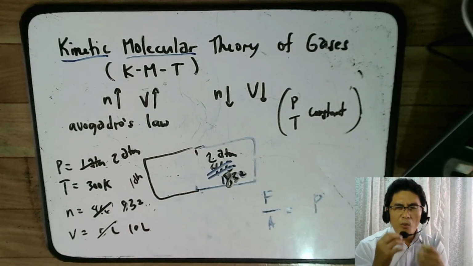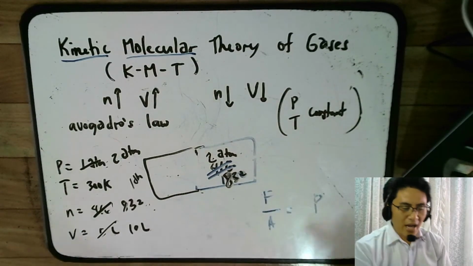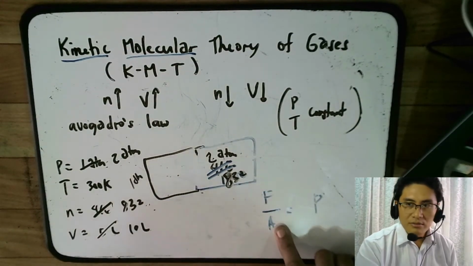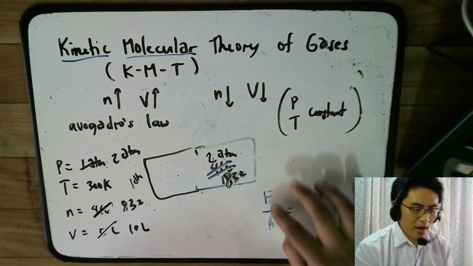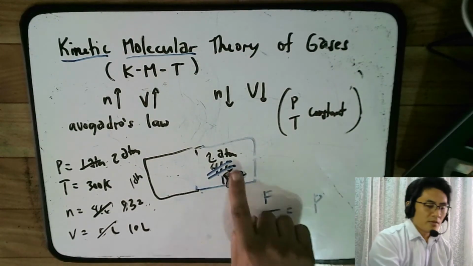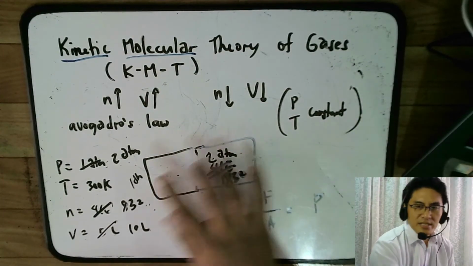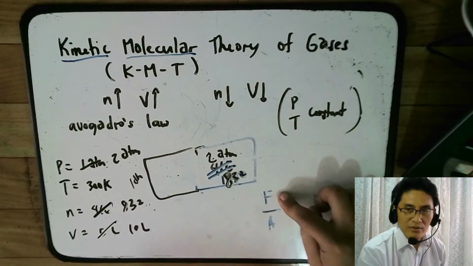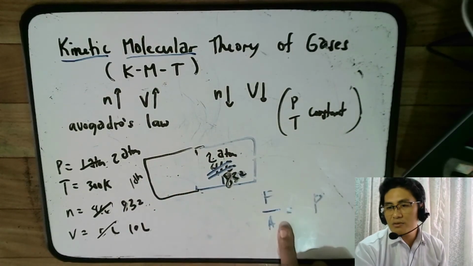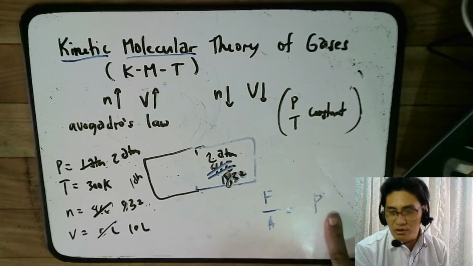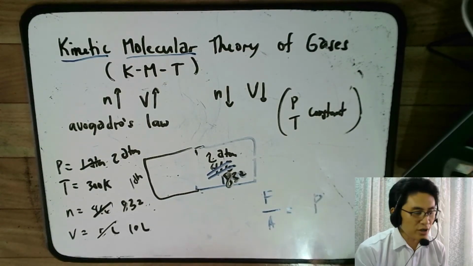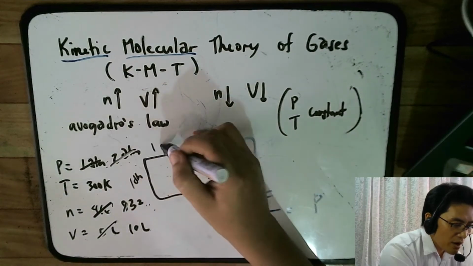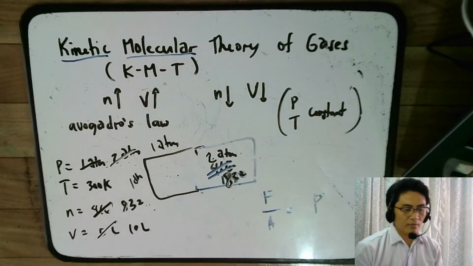So even if there are more particles inside, the area is now bigger. Even if there's a bigger force on the wall, because the area is also bigger, the pressure drops back to normal, which is 1 atm. Okay?